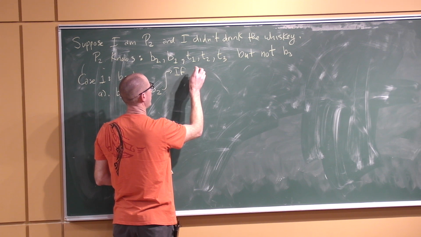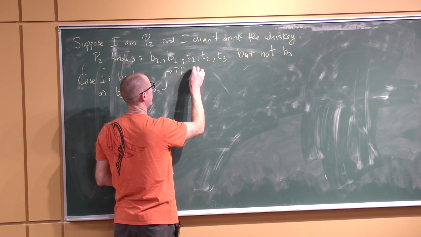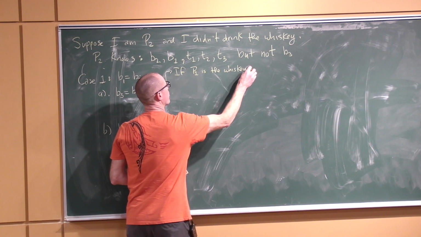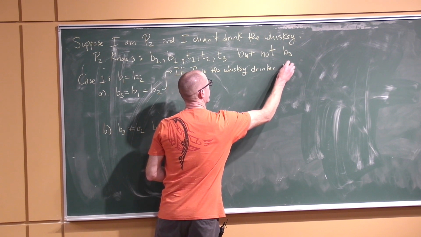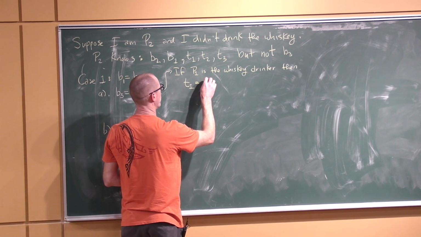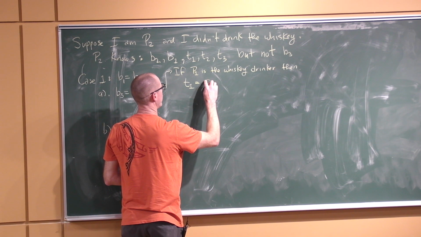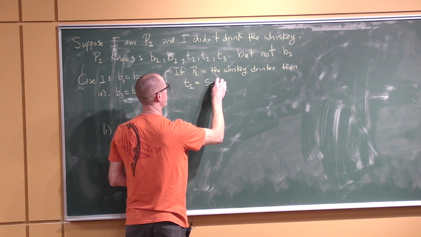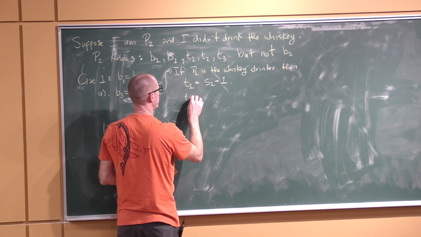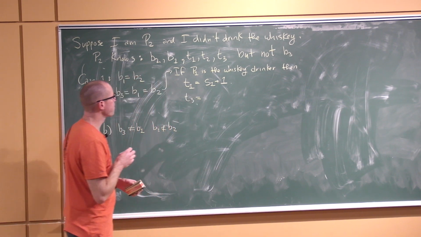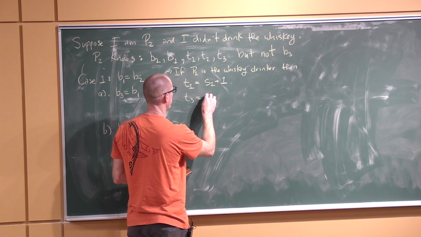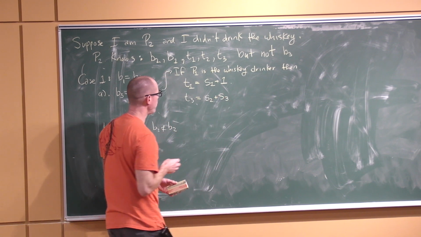If P1 is the drinker, the whiskey drinker, then T1 is equal to S1 plus 1, and T3 is equal to S2 plus S3.